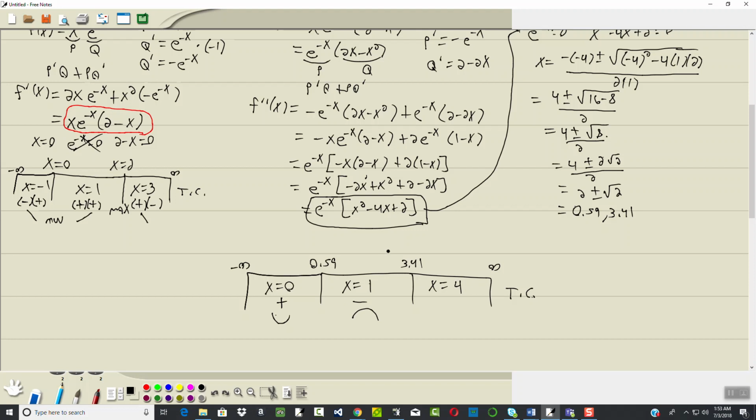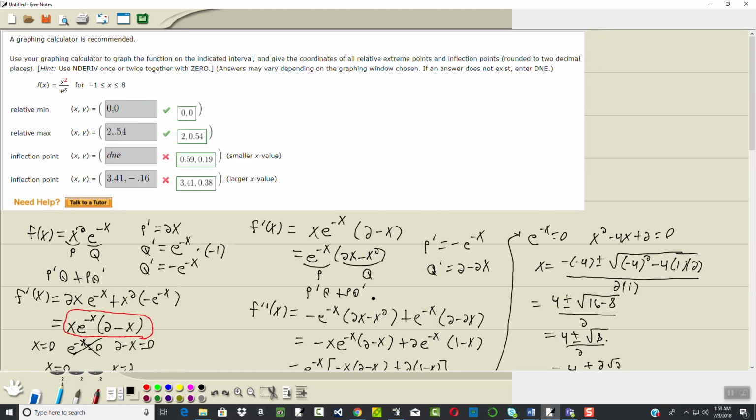Now if I plug 4 in here, I get 16 minus 16 plus 2, which is positive, so it's concave up. This would imply that this is a point of inflection and this is a point of inflection. Now where they get these other parts of the answer is they take these two values and plug them back into the original problem, and that gives you the y part.